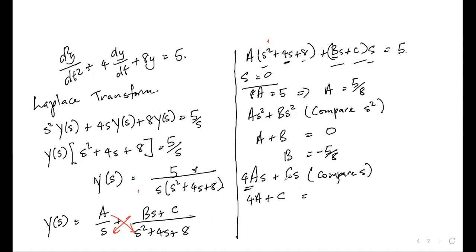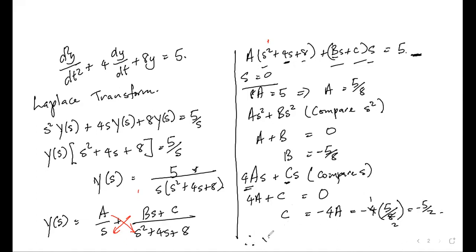Okay, so 4A plus C: there's no s on the right-hand side, so again, that must be equal to 0. So C must be equal to minus 4A. That is equal to minus 4 times 5 over 8, which cancels: that is 1, that is 2, so minus 5 over 2.